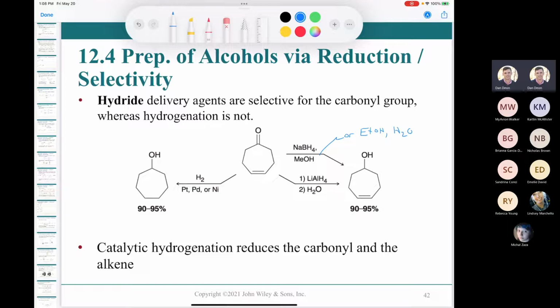There's a stronger reducing agent that I covered in the chapter 12.4 video, and that is lithium aluminum hydride. Lithium aluminum hydride is a much stronger reducing agent, and so it can't be used in the presence of water. It is used in other solvents because it is very reactive in the presence of water.